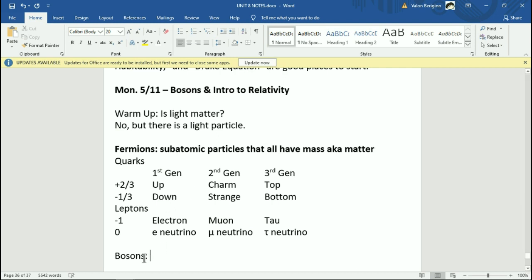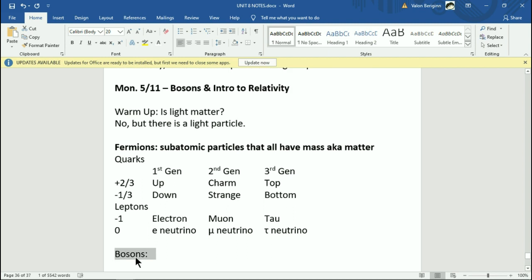Okay, so bosons are subatomic particles that do not have mass. So, however, what do they do then? Instead, what they do is they propagate forces.